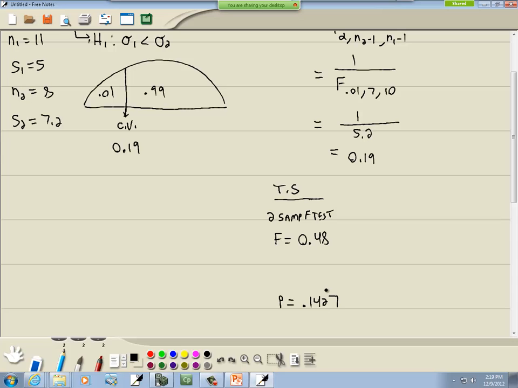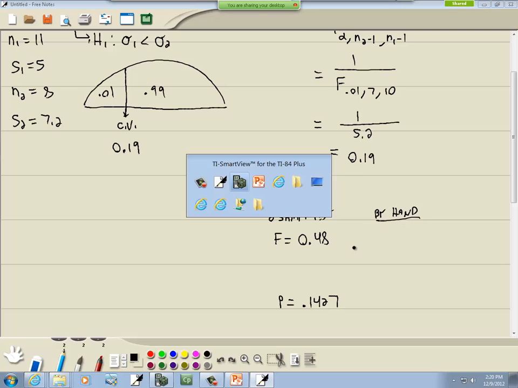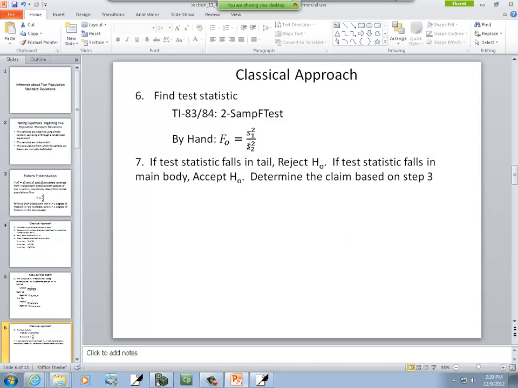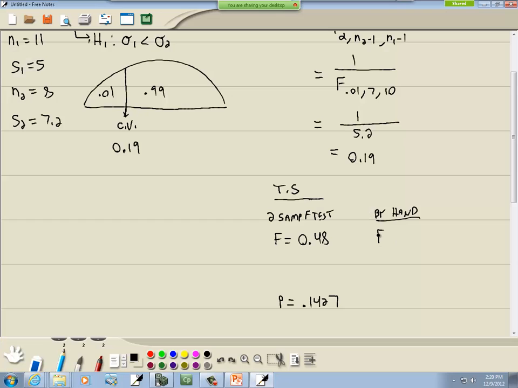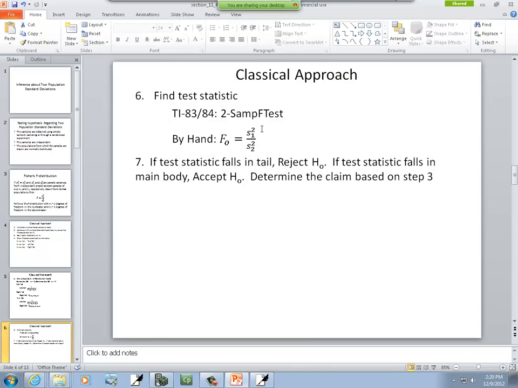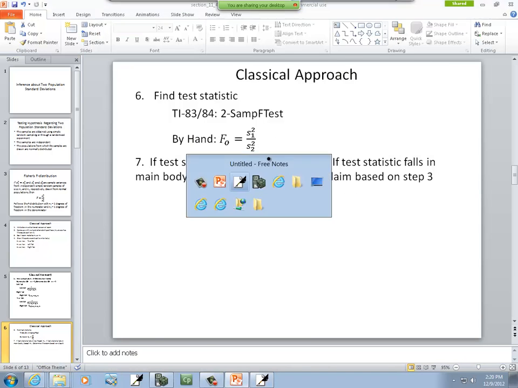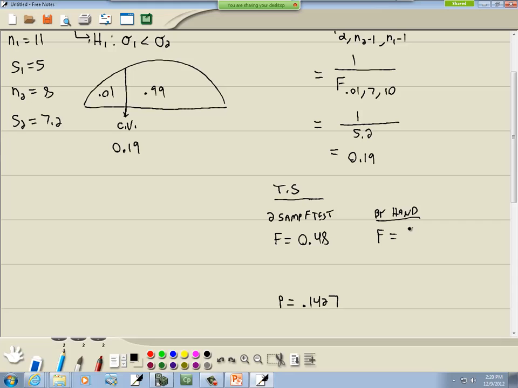Okay, let's do this by hand for our test statistic. It says by hand, we're going to take S1 squared over S2 squared. S1 is 5, so we've got 5 squared over S2, which is 7.2 squared.